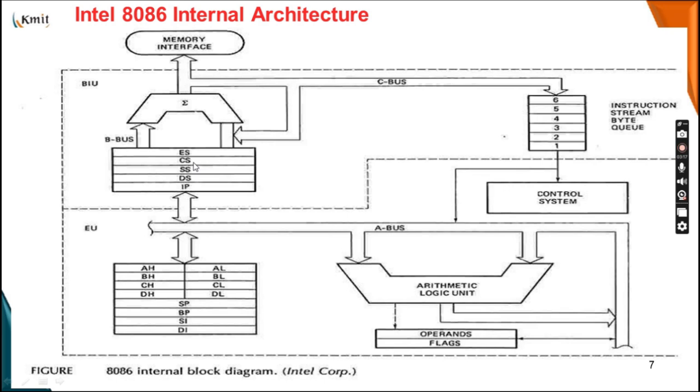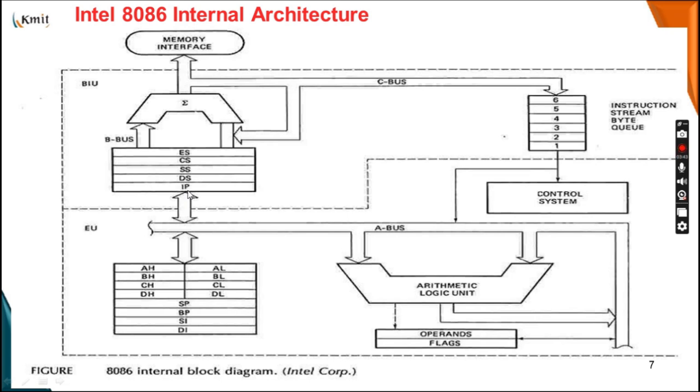Similarly, the code segment register holds the starting address of the code in the memory. The stack segment is also an address present in the memory. DS is also a register which stores the address of the data present in your memory.